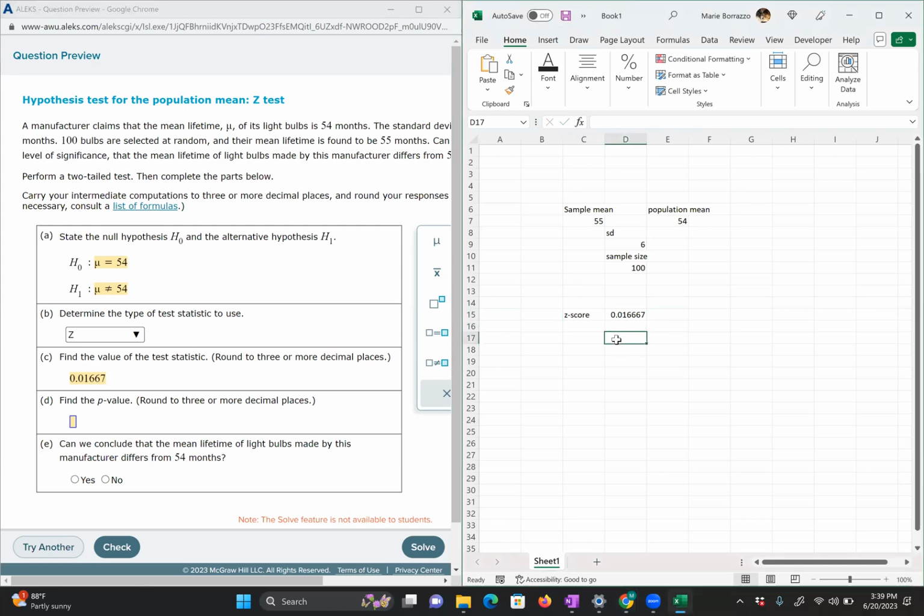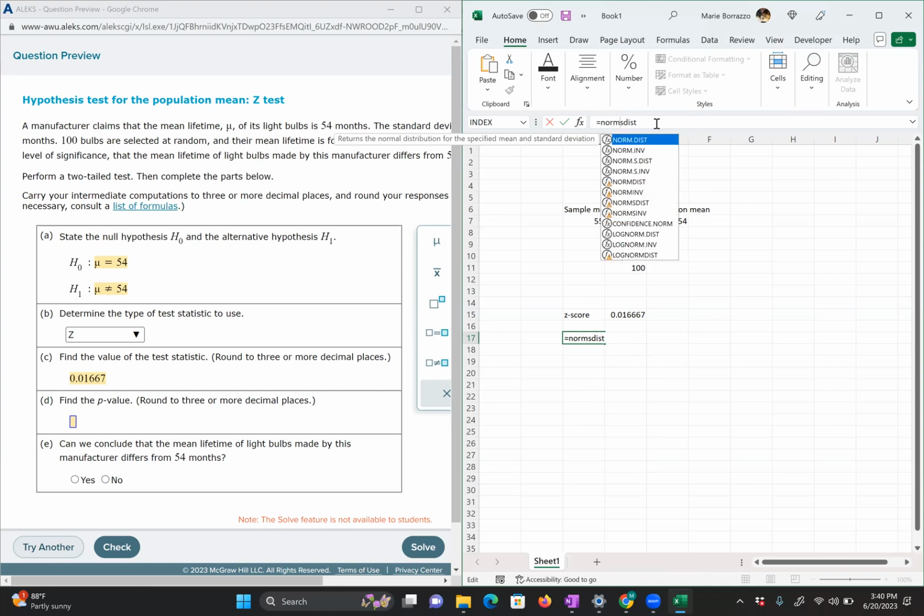So what you're gonna do then is the p-value is going to be at least, let's see, so we're gonna go with equals NORM.S.DIST. And that would be NORM.S.DIST, not NORM. NORM.S.DIST, and we want to click on this value.